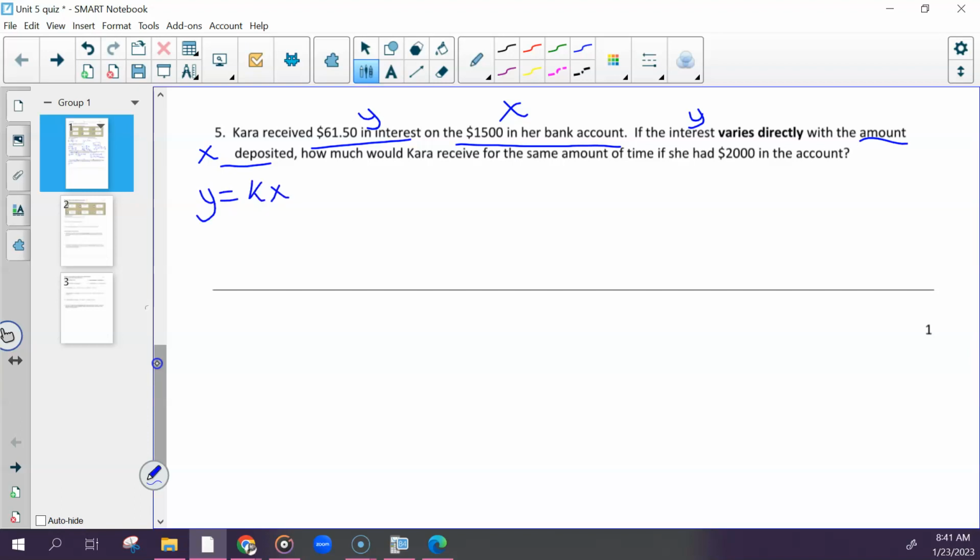Find your k value. So that would be 6150 over 1500. This one you couldn't leave like this because you had a decimal and a fraction. So that should have been 0.041. Some of you were just putting 0.41, which threw things off.